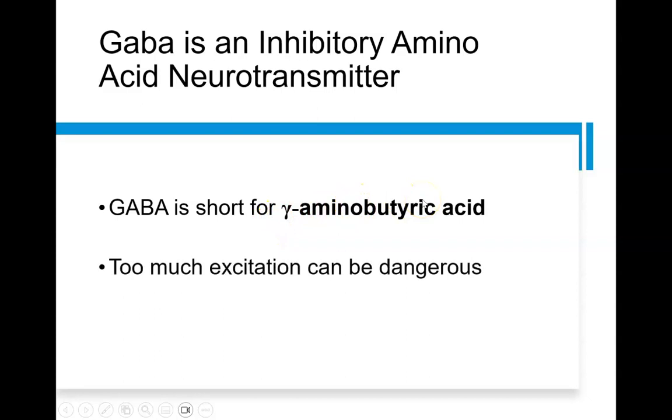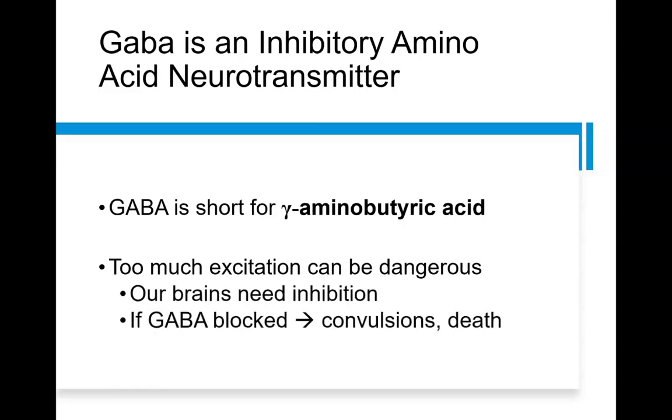And one of the things that is really important here: inhibition is just as necessary for us as excitation is. Excitation in too large amounts can be dangerous for us. Our brains need inhibition. We have found through animal models and through work with humans that if we block GABA, people may experience convulsions and may even die.